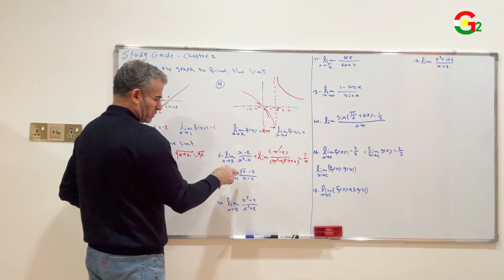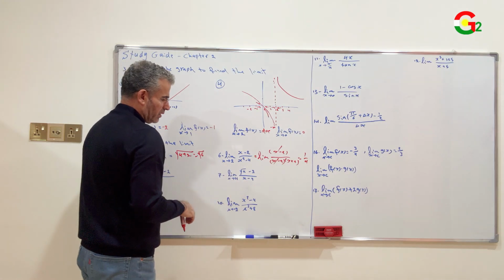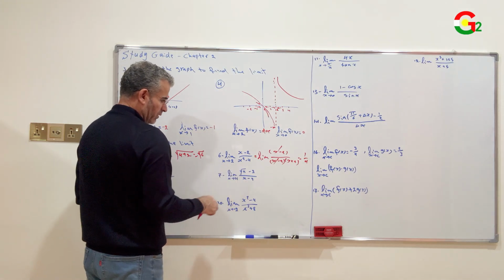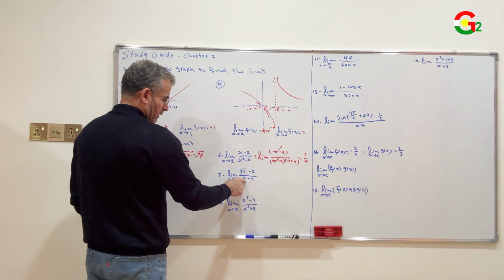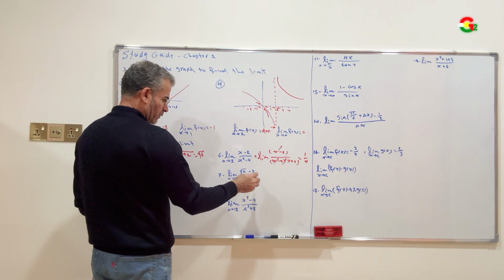We have two methods to solve this question, either multiply by the conjugate of the numerator or analyze the denominator as a difference of 2 squares.